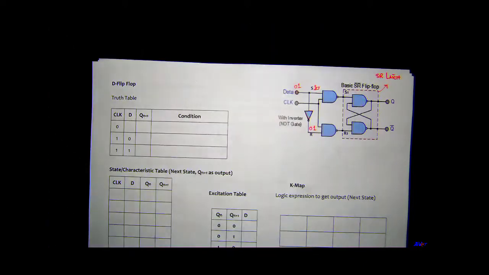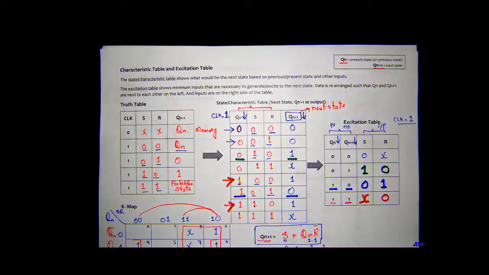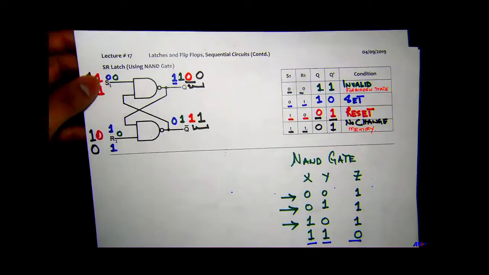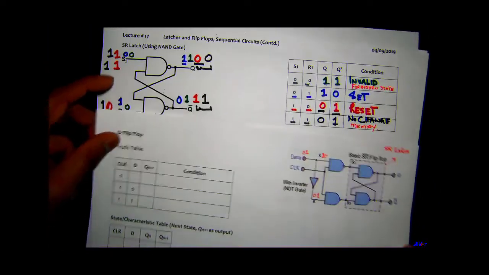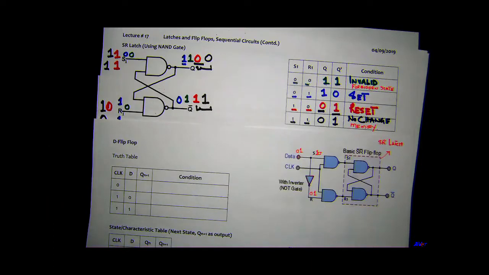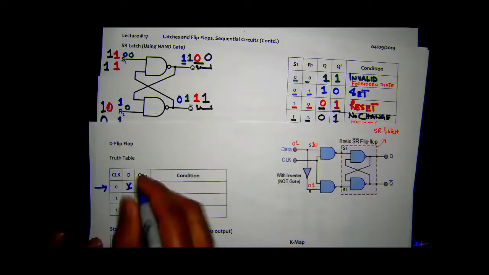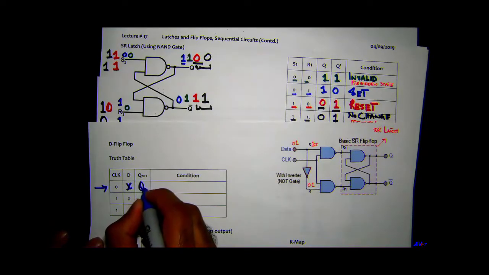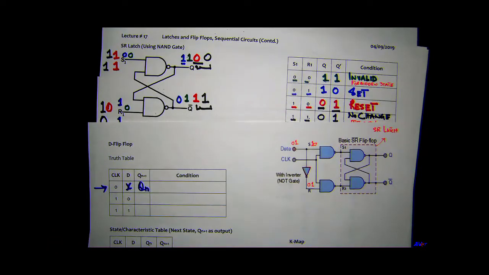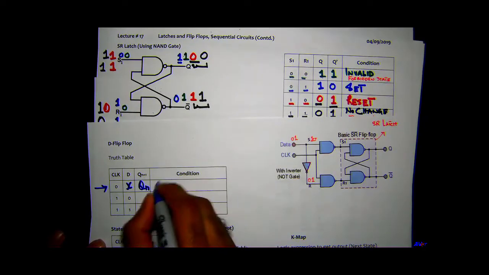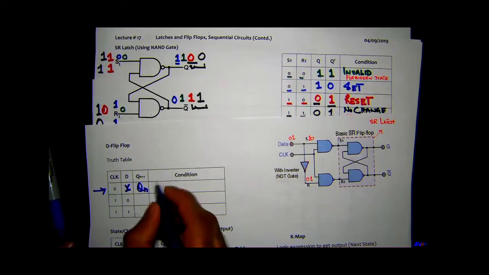Okay, so let's move on. I'll actually be needing the truth table that we have for the SR latch from the first example. Again, when we have clock 0, I don't care what the input is, the next state is always going to be the previous state or the present state, Qn.